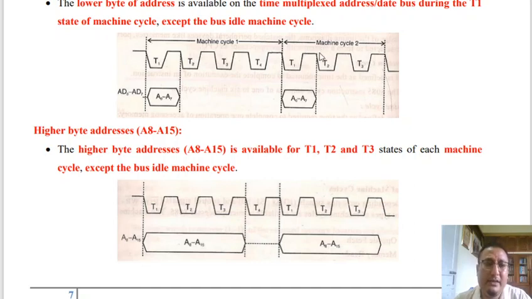So always remember that A8 to A15 is capable of holding the higher byte of the address. Since it is not used for any other purpose, we can allow it to hold the higher byte of the address in the T1, T2, and T3 states. This is very important.